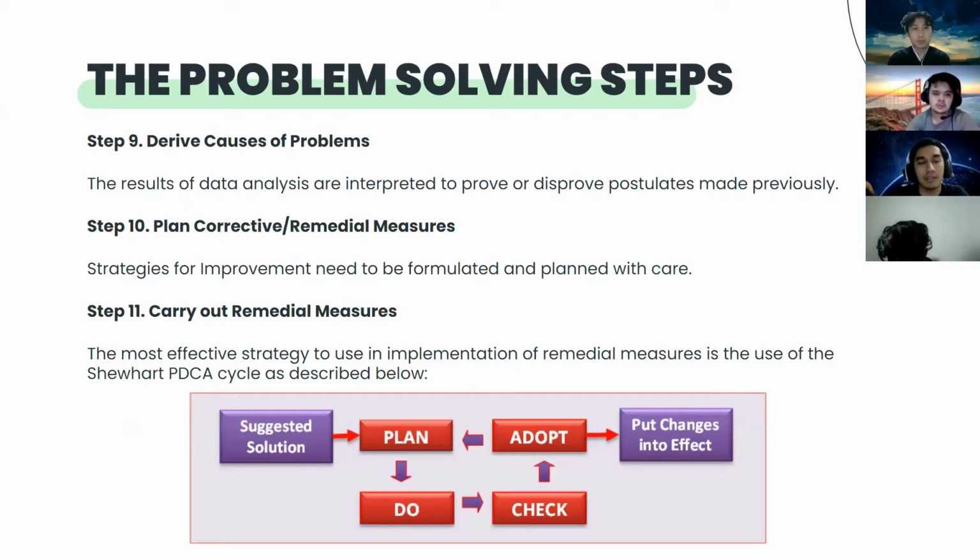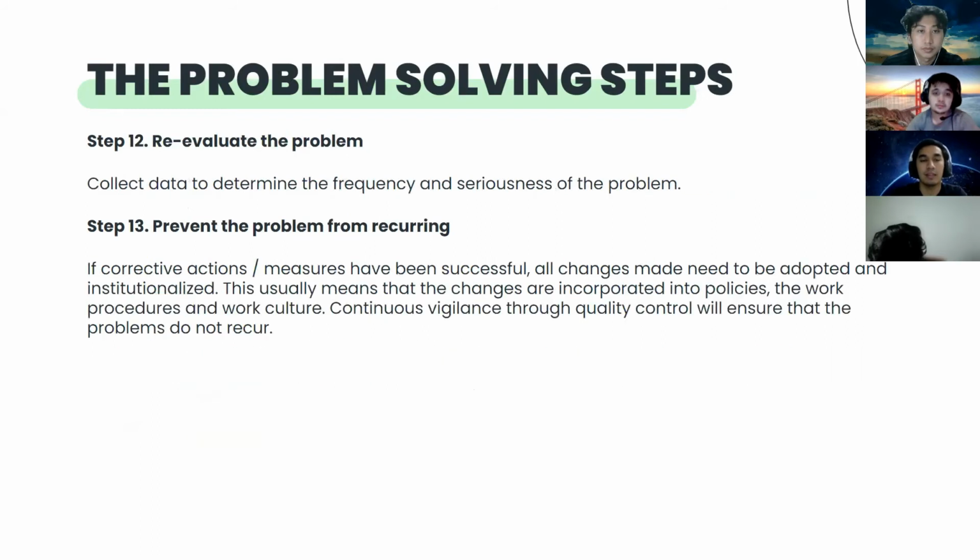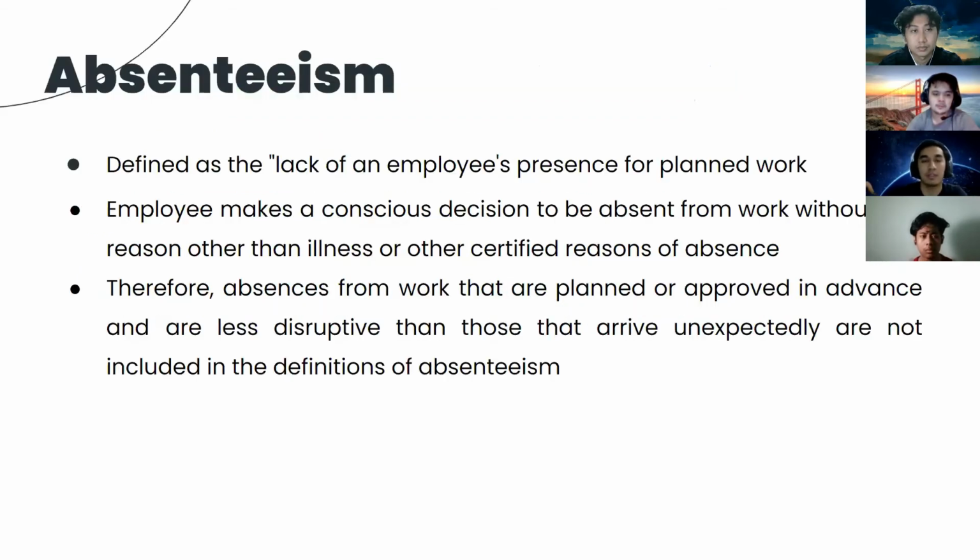After that, you carry out the remedial measure. And then you re-evaluate the problem. That's when you recap what you have done so far. The last one is to prevent the problem from recurring. That means you try to avoid that problem from occurring again, so you will not repeat your mistake. I think that's all for this factor.